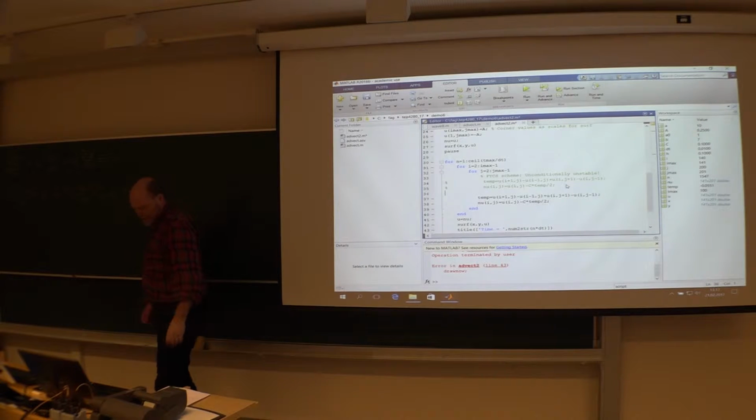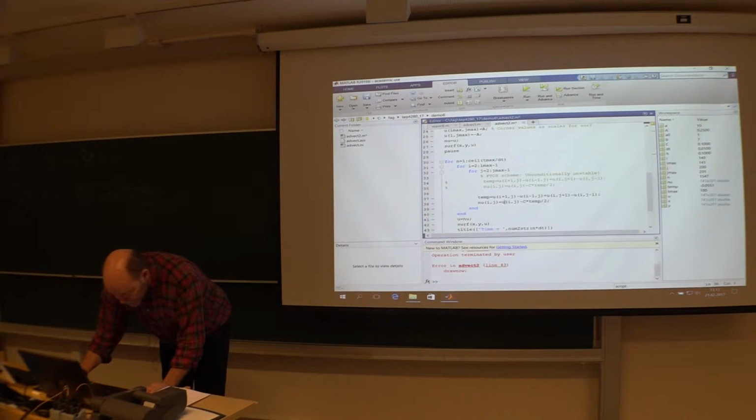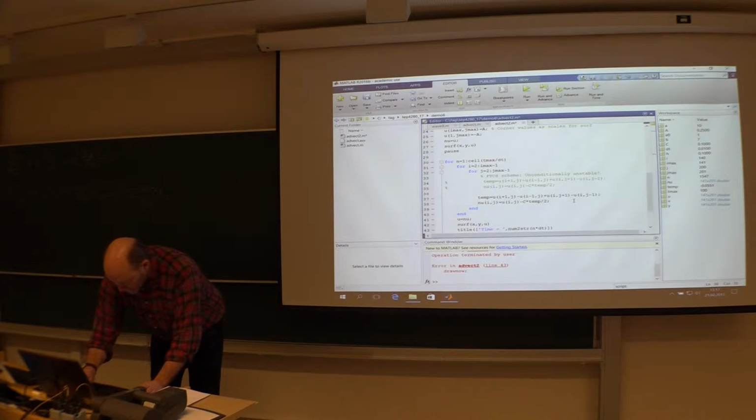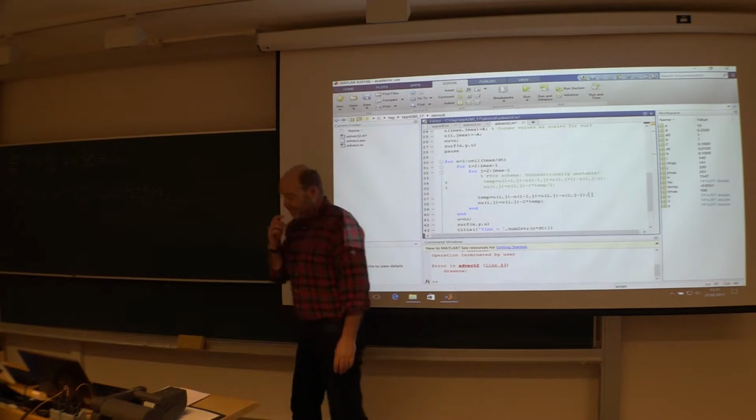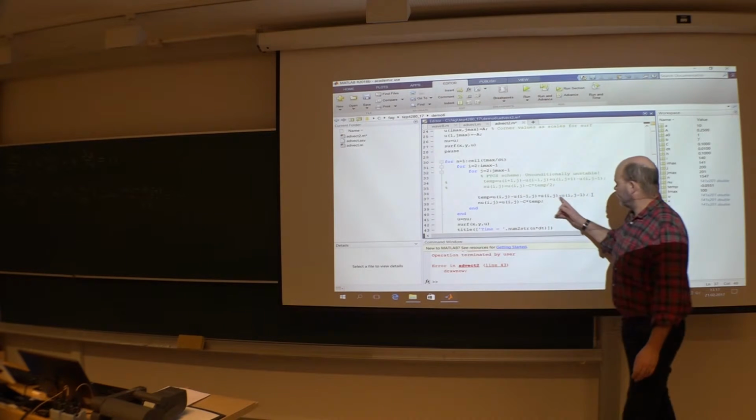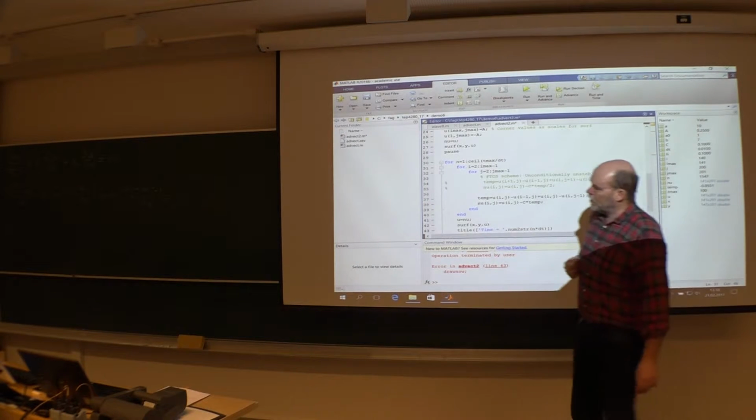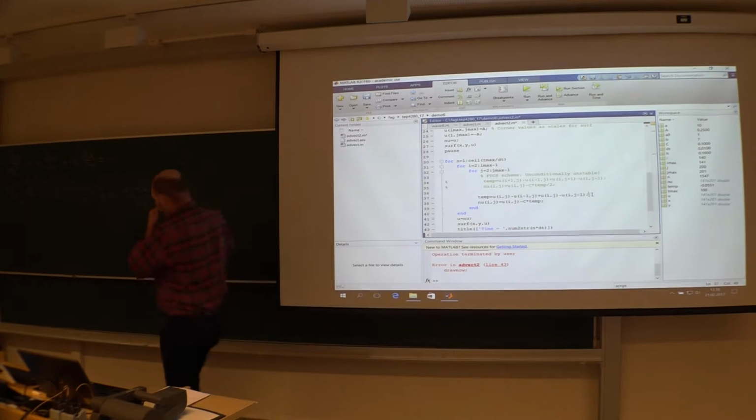The recipe here said the new one equals the old one minus C times temp. Now I guess I don't need that half anymore, and my temp is somewhat different. I don't have i plus 1 like that, and I don't have j plus 1. That's the only difference, isn't it? So now this one should be the four unknowns here.